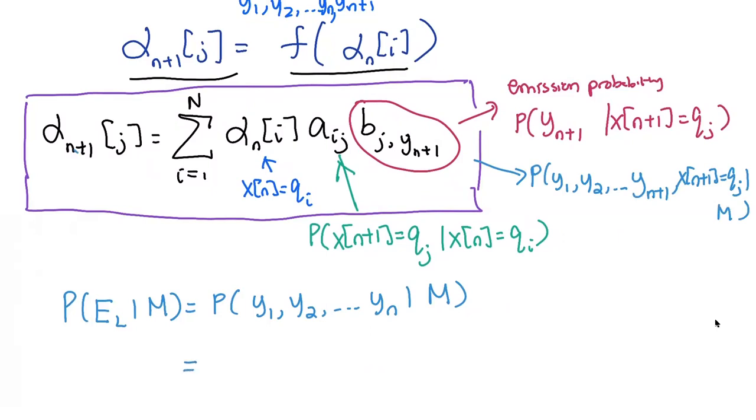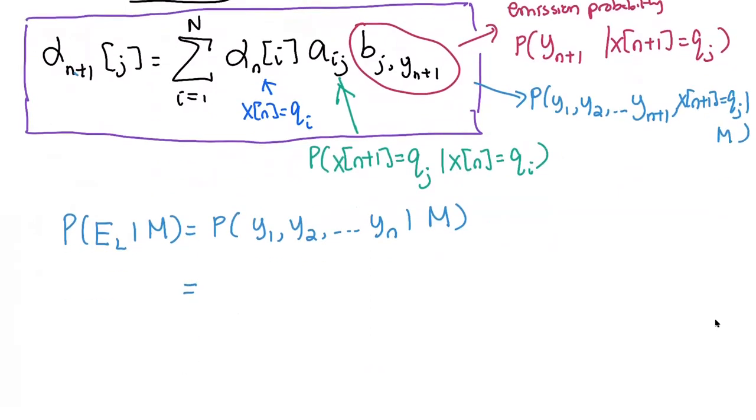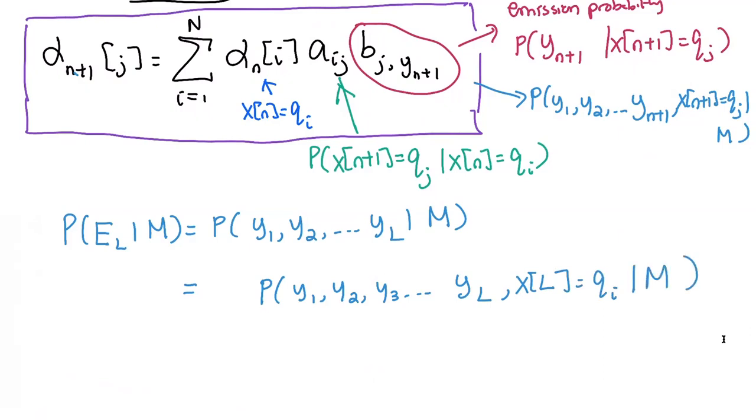So what I can do is consider this as y1, y2, y3, all the way up to yl, x at time L is equal to qi given m, right?